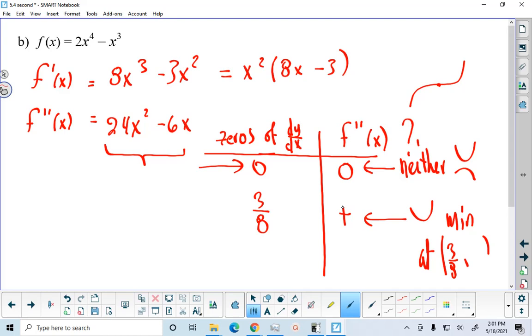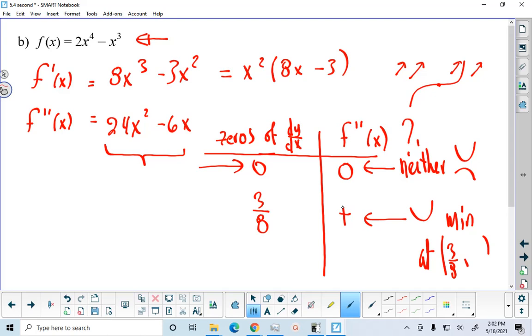So if you did a first derivative chart, you would find that the function is increasing and then continuing to increase. By the way, if you want to find out the y coordinate, you can put 3/8 in there. I really don't care what it is, but you can put it in.